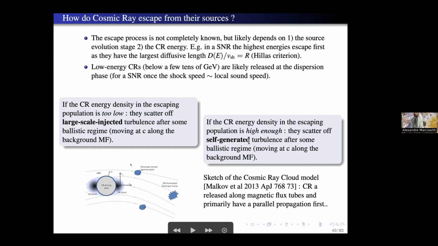So you have a cosmic ray pressure gradient around the source. And then, as I told you, the streaming instability can get triggered around the source because of the presence of this gradient. And then you can have production of magnetic field around the source for some time by the cosmic rays themselves, which have a tendency to confine them for some amount of time, which is difficult to calculate. In fact, we have tried to do this.